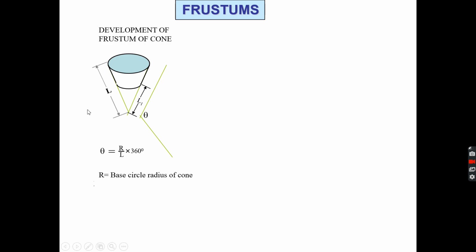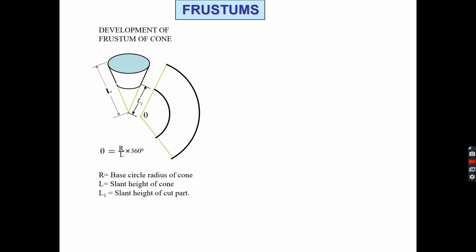In both cases, theta will remain the same because the ratio of R by L will remain the same. So like this you can easily make the development of the frustum of the cone. Similarly, the development of a frustum of a square pyramid.